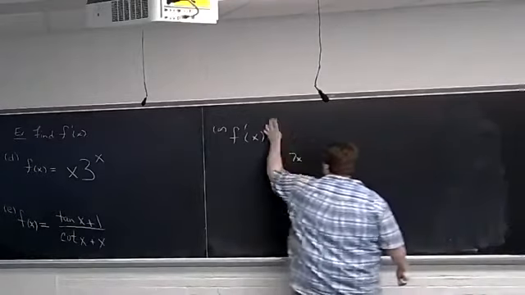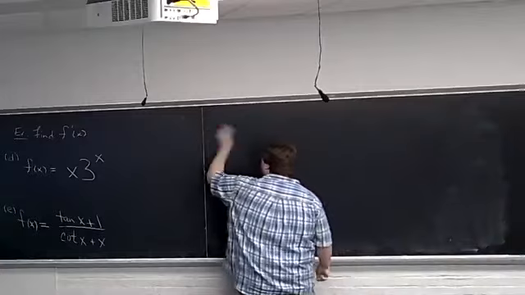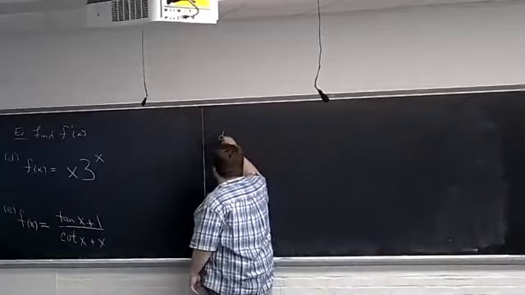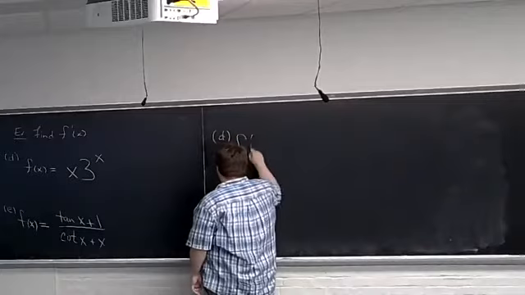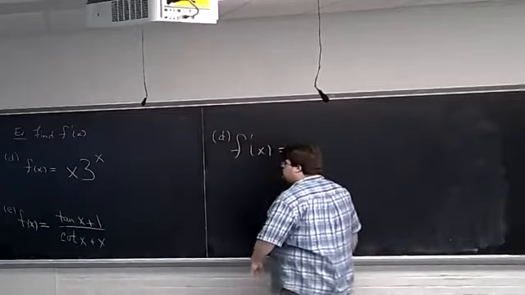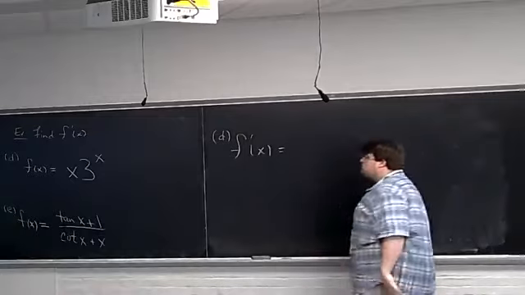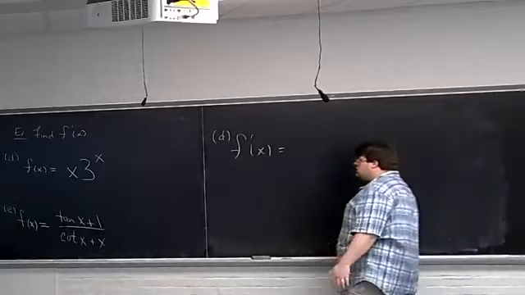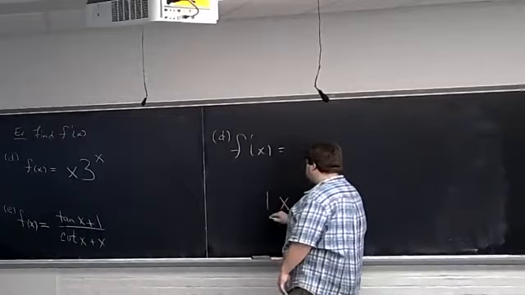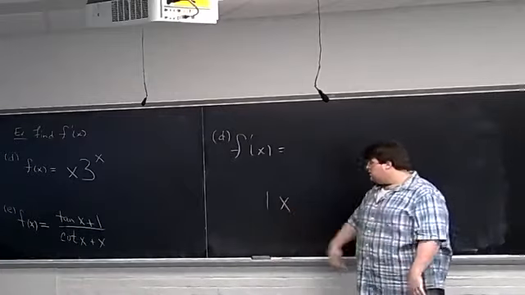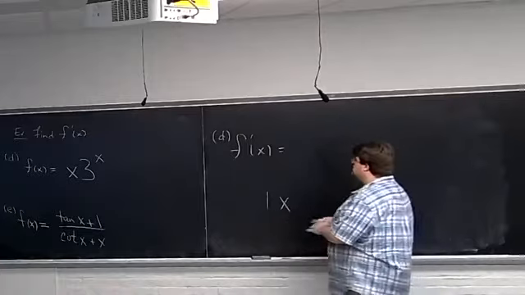So again, for this first one, we have a product. We have x and 3 to the x, and they're multiplied, so we need the product rule. So the derivative is derivative of one times the other plus the one, derivative of the other. Derivative of x, well, x is just 1 times x. Derivative of constant times x, using the power rule, is just that constant.